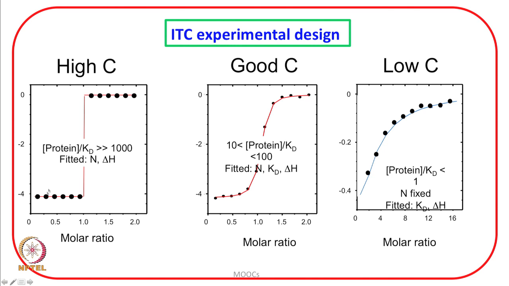And the next injection also, whatever ligand is added, is completely binding, which is not happening here. When you add some amount of ligand, it is partly binding and partly going into the solution, because the value of K is not very large. So, for a weaker binding affinity, usually this kind of isothermal titration calorimetric profile is observed.